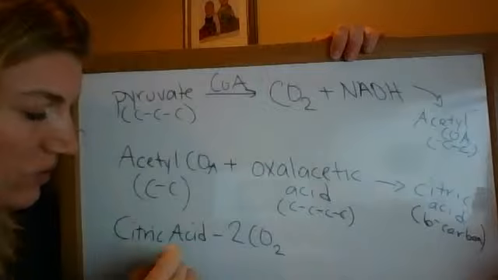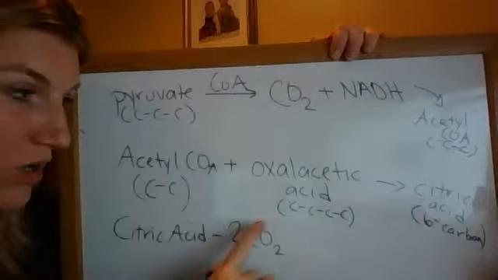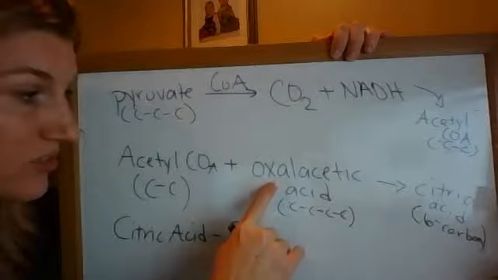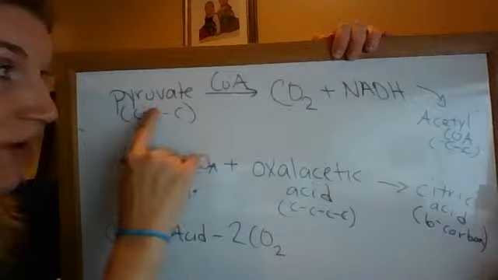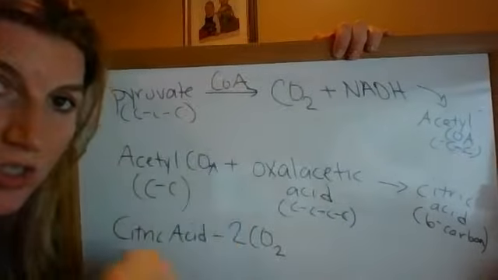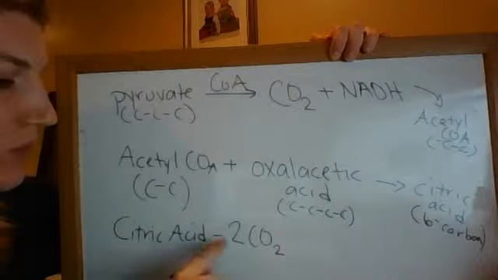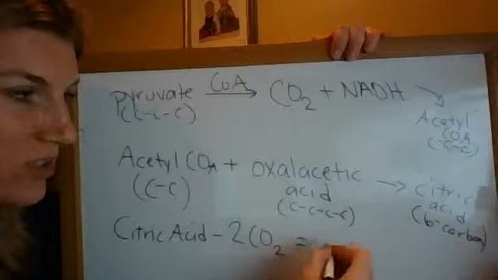So we have a 6-carbon compound losing 2 carbons here. We're down to 4 carbons. Guess what? That's oxaloacetic acid. This oxaloacetic acid joins with another acetyl-CoA that was formed from another pyruvate to undergo the whole process again and again. It's a cycle.